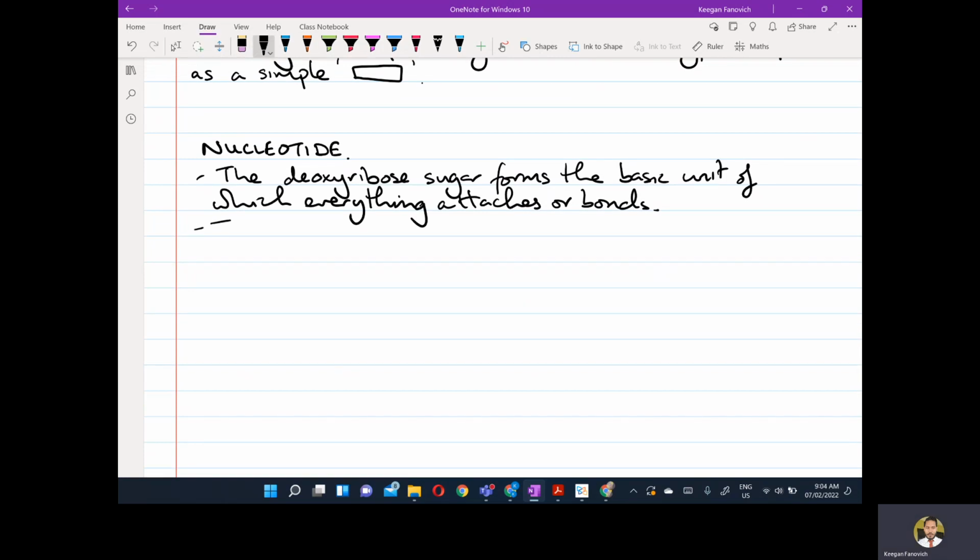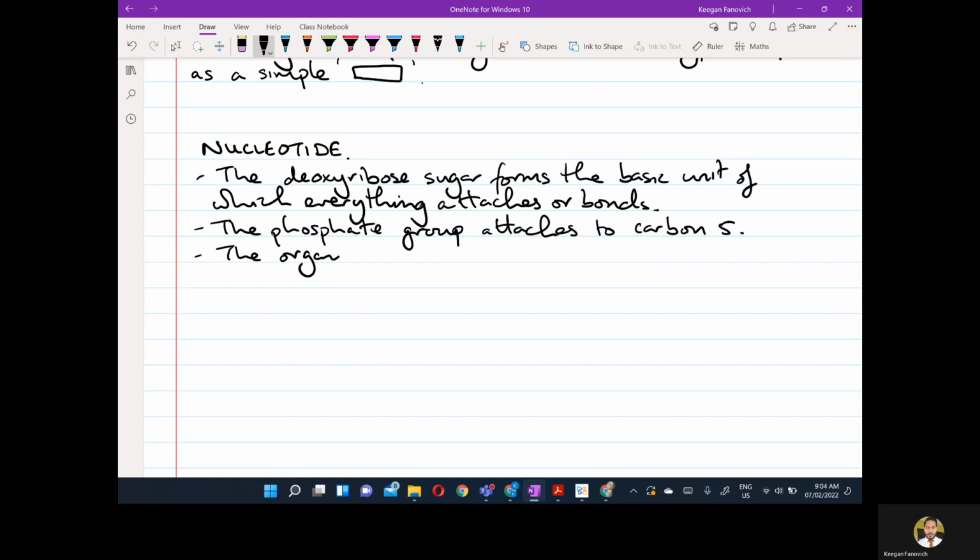The phosphate group attaches to carbon 5, right? And the organic base attaches to carbon 1.